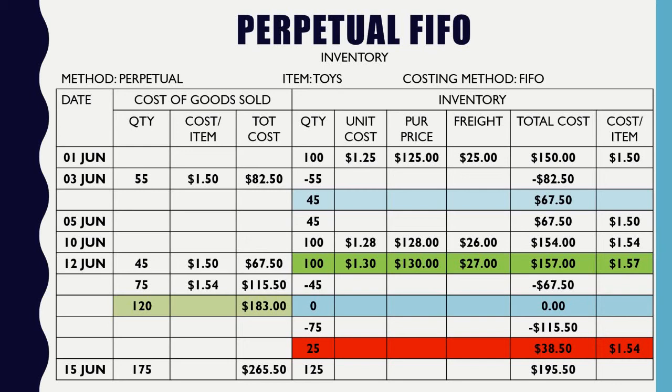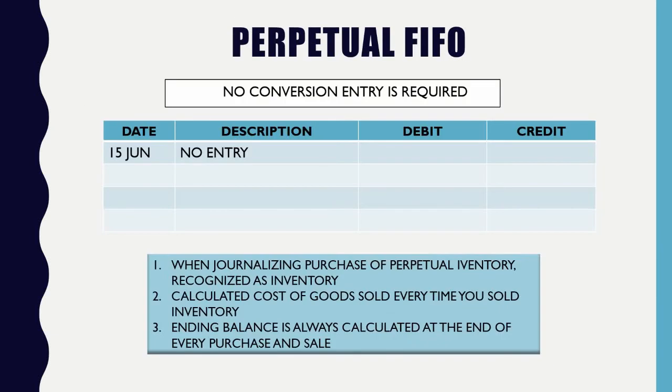So in this case, there is no necessary need for a conversion entry. Why? Because your inventory already is inventory, okay? And you already calculated the cost of goods sold, and there is no expense that you had occurred originally. So no need for a conversion entry. Okay? Any questions so far?